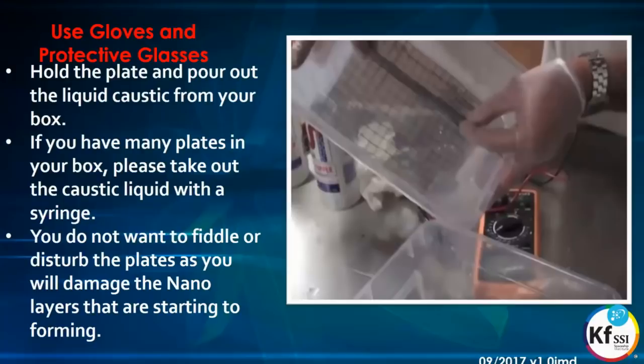If you've just got one plate, it becomes a bit easy, but if you have a couple of plates in there, it's best to take the caustic out with a syringe, or there are many other devices on the market that one can use, even a little hand pump, to pump out your caustic from your box so that you're not disturbing your plates at all. So you just want to pour out your liquid and leave a small amount in that box as before.